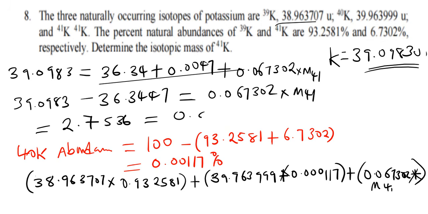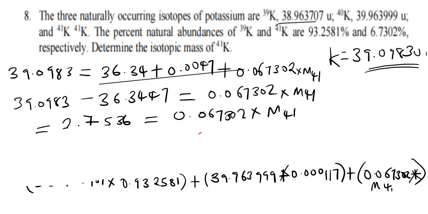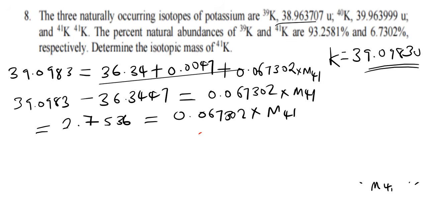This is equal to 0.067302 multiplied by M41. For us to find M41, I'm just going to divide by this term on both sides.